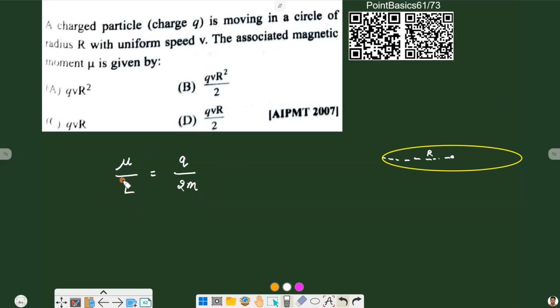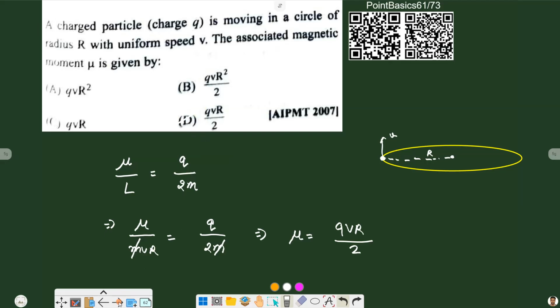So mu equals angular momentum, which is mv into r, times q by 2m. The 2m gets cancelled and mu is equal to qvr by 2. That is option D for us.